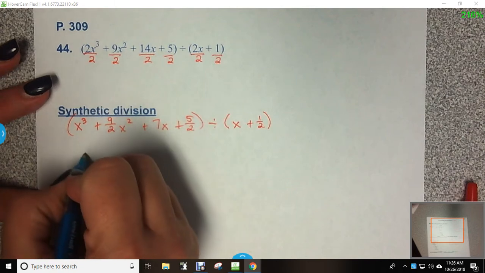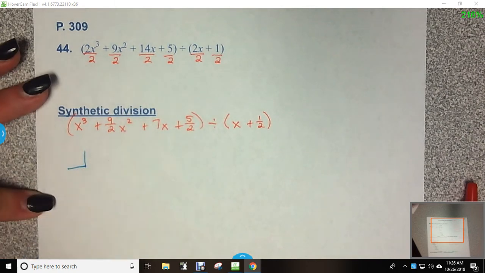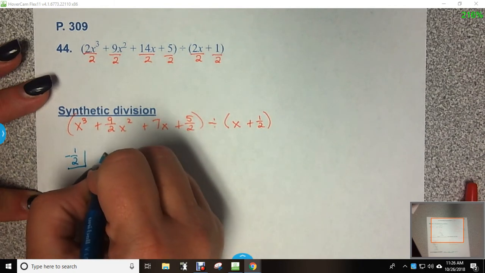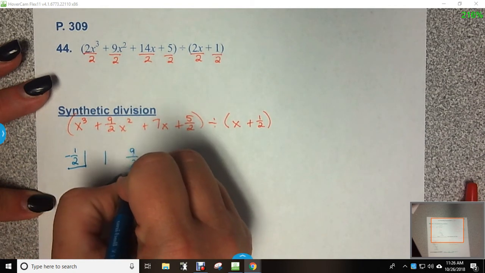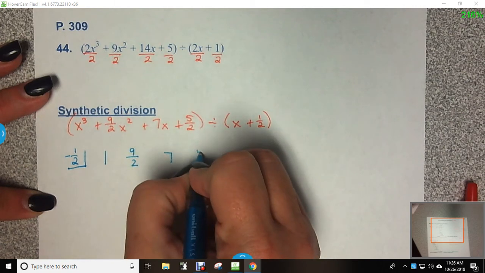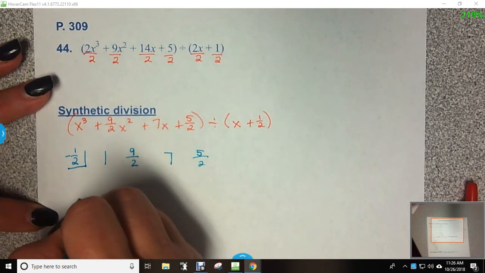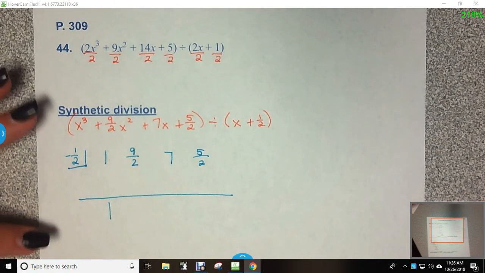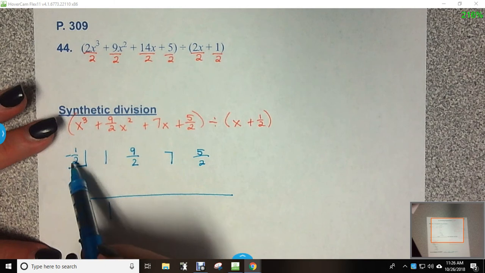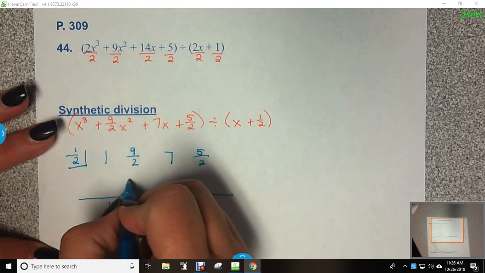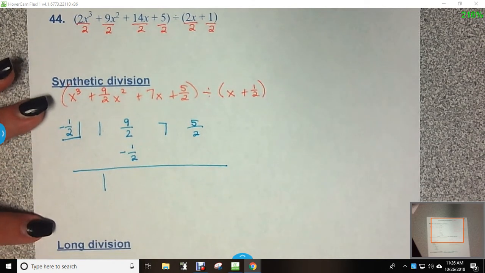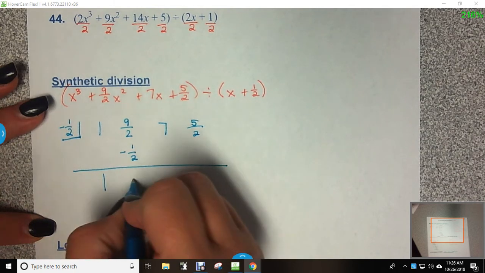Okay, to do this one synthetic, what number goes in my box? And my coefficients are 1, 9/2, 7, and 5/2. So now bring your 1 straight down. Multiply. Negative 1/2 times 1 gives me negative 1/2. 9/2 minus 1/2 is 8/2, which is 4.